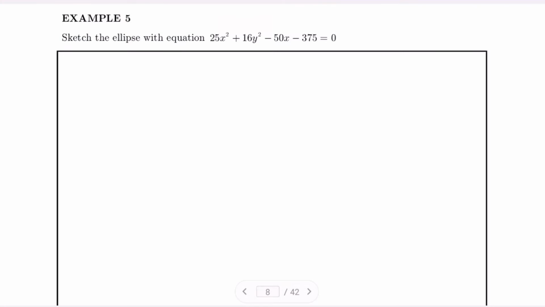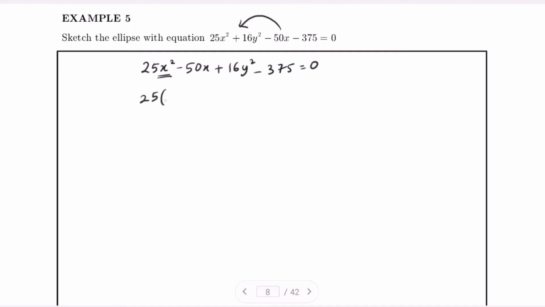Example 5, we need to sketch the ellipse with equation 25x squared plus 16y squared minus 50x minus 375 equals 0. Your first step is to bring -50x to the front. We're going to collect x terms together, so that it will be easier to do completing the square. Before you start completing the square, you have to make sure the coefficient of x squared is 1.